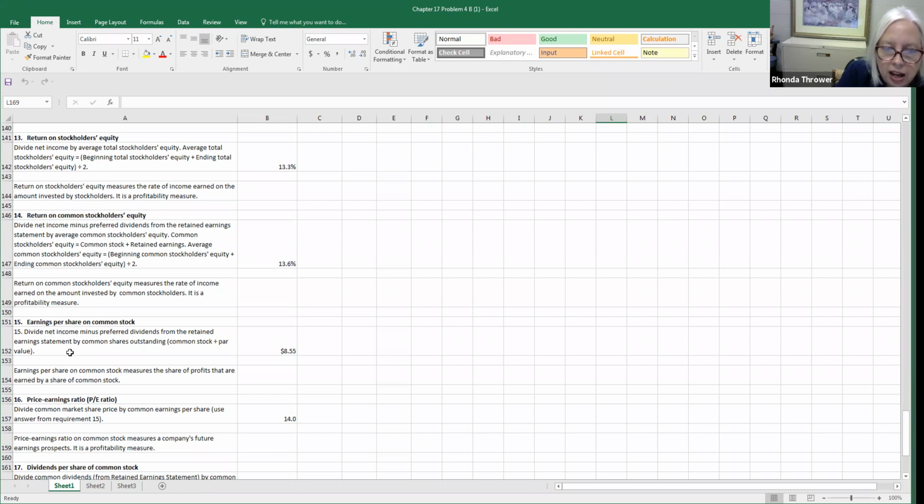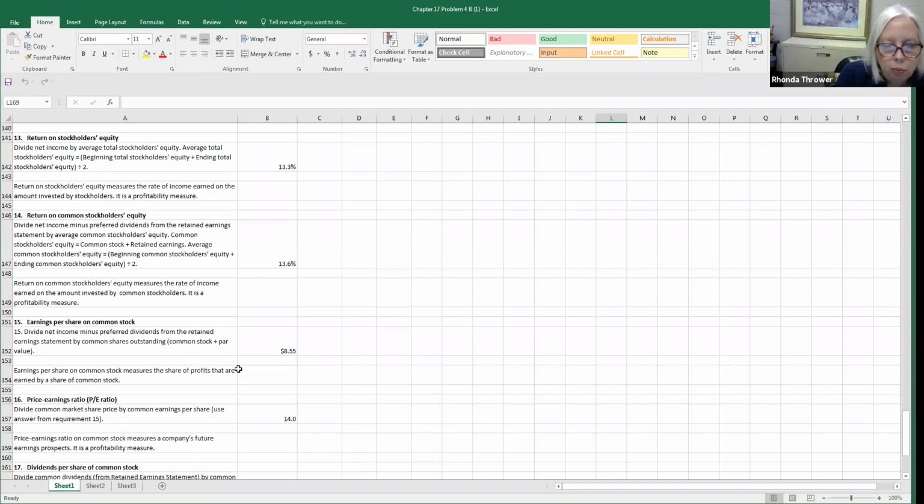And we're going to divide that by the number of common shares outstanding. You are not given the common shares outstanding in this problem. What you're going to have to do is take the par value of the common stock and divide it by the par value per share of the common stock. And that will tell you the amount of common shares outstanding.